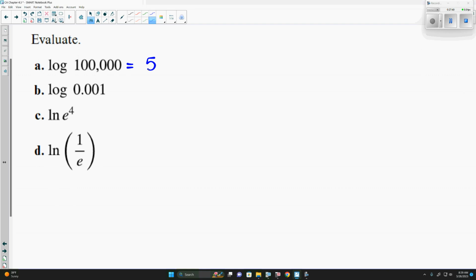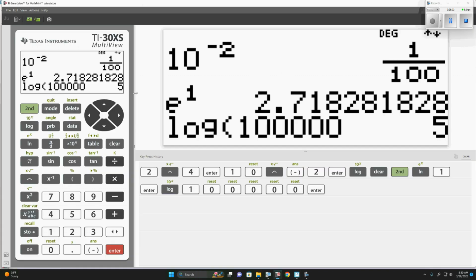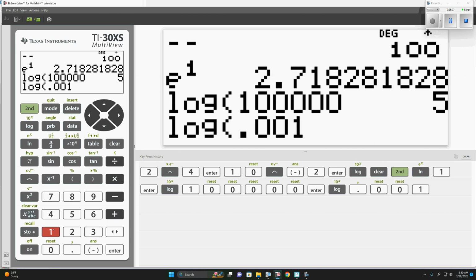So with tens, yes, because really what we're saying, 10 to what power is 100,000. Because each time we increase the power for 10, we're just adding another 0. So here, if we're taking away zeros, 1, 2, 3, we can say log 0.001, and we get -3.